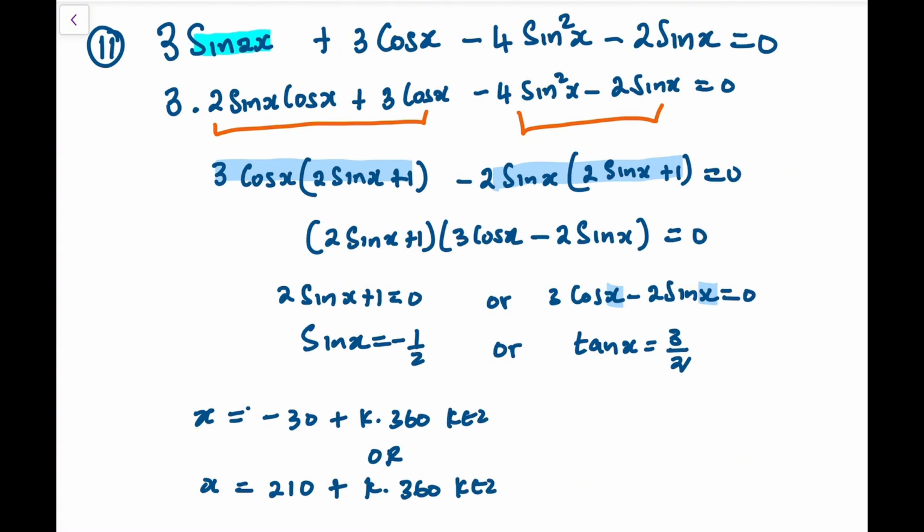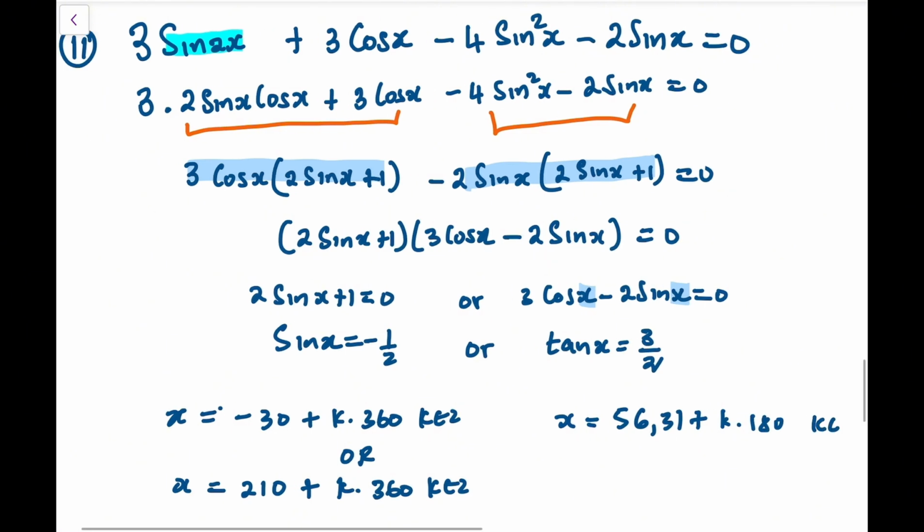And then with tan, we are going to have x is equal to, and then what is arctan of 3/2? It is the same as 56,31, and then plus k multiplied by 180, where k is an element of all integers.